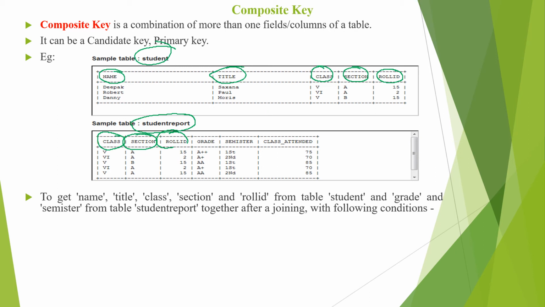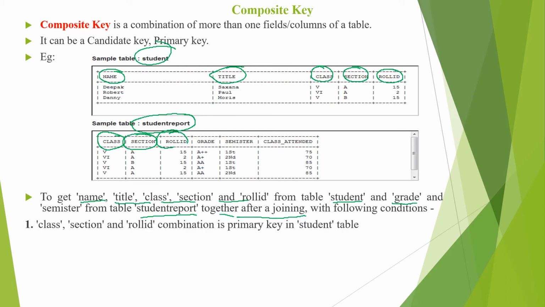For example, you can see here, to get the name, title, class, section and roll ID from the student table as well as the grade table, that is, the student table and the grade and the semester from the student report table, when I want these sets of attribute values, then I need to join these two tables. When I am joining, there should be some condition, correct?